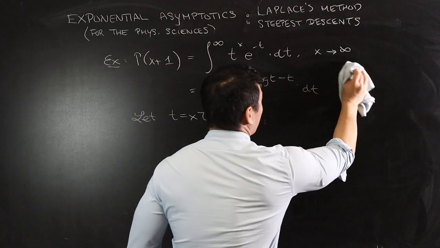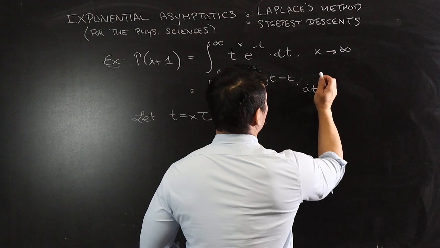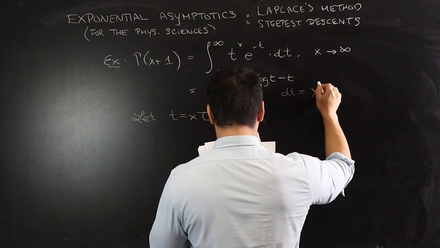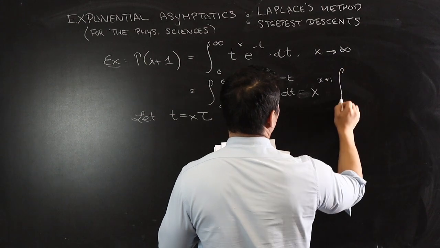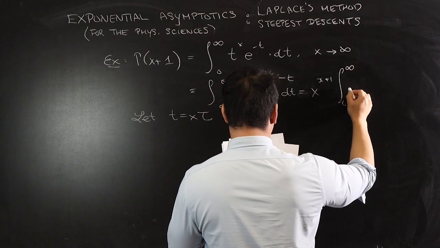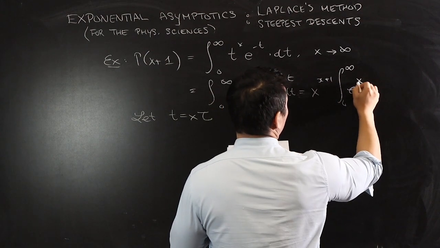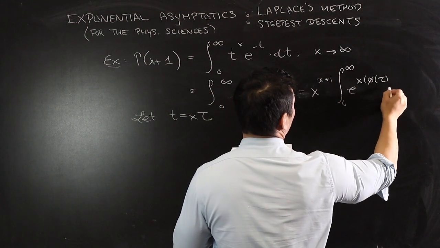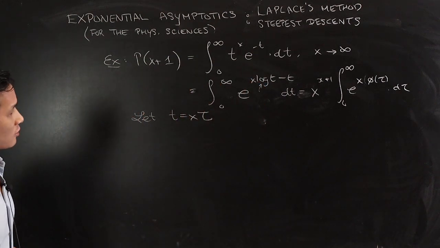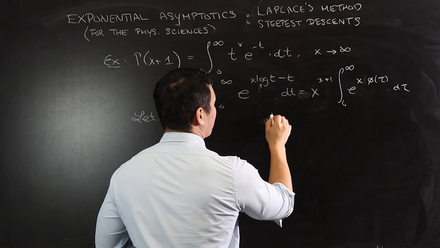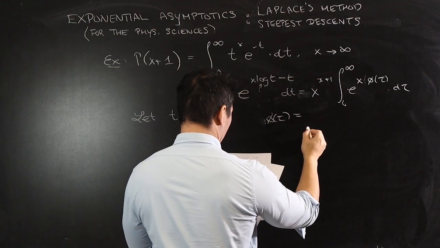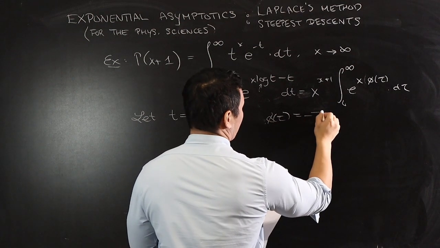And having done so, this allows me to write this integral as x to the x plus 1, the integral from 0 to infinity of e to the x times phi of tau. So this is now in our more traditional form, okay? And then phi of tau is just minus tau plus log tau.